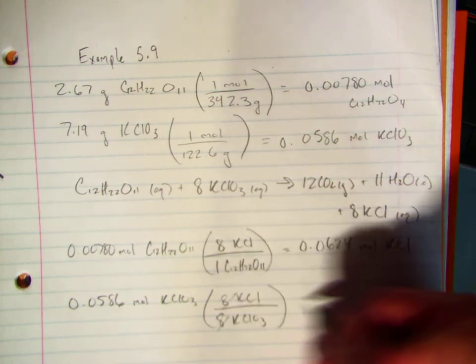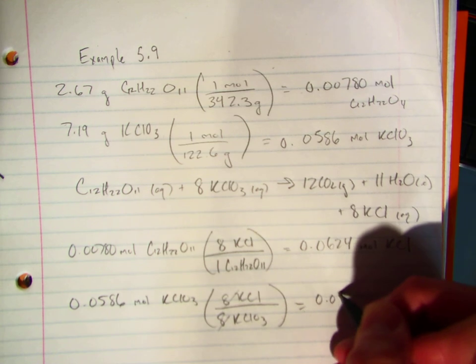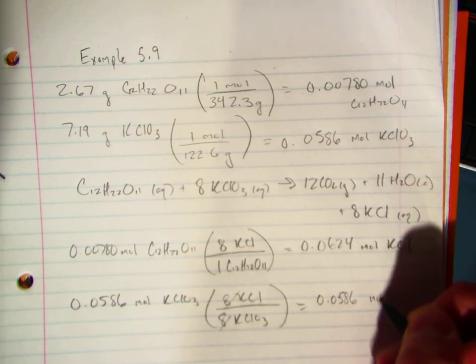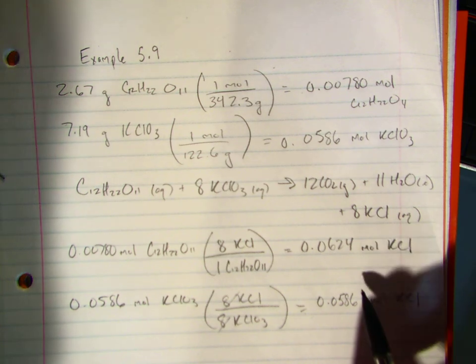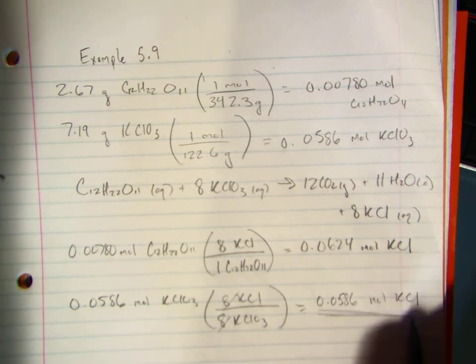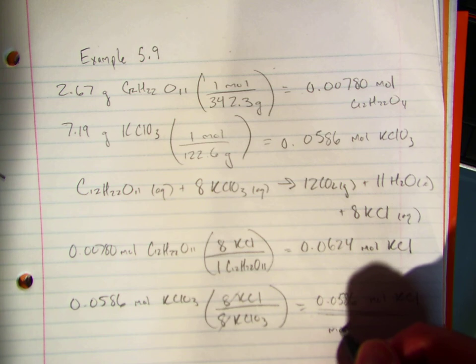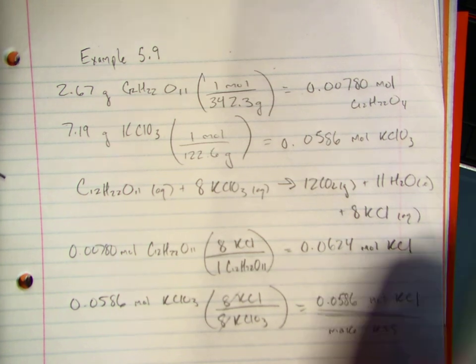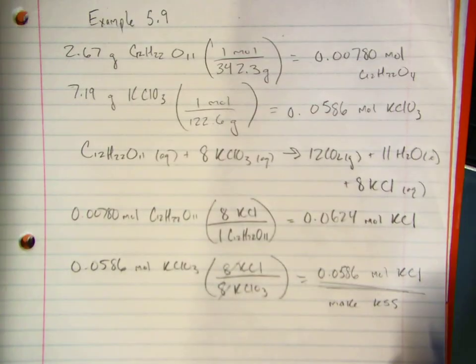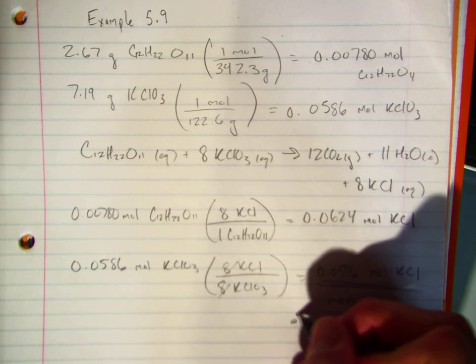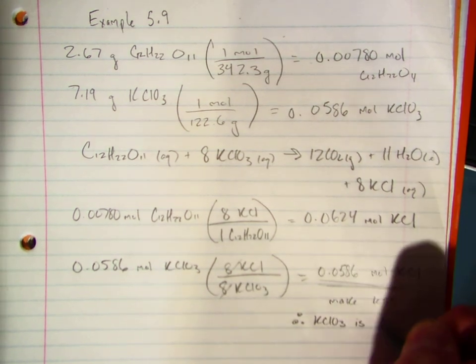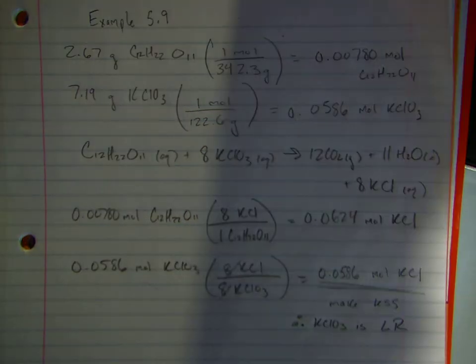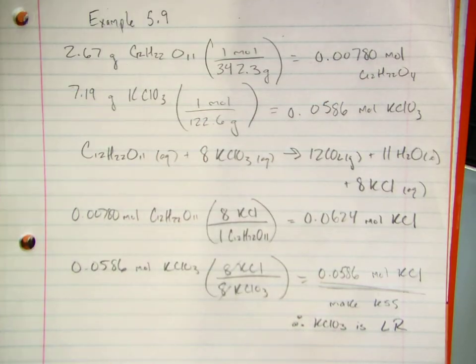Those 8s cancel each other out, and this could make 0.0586 moles of KCl. Whichever number is lower, that can make less. So if I go backwards to what I started with, my conclusion here is that potassium chlorate is the LR, the limiting reactant. And that's all old information from chapter 4.